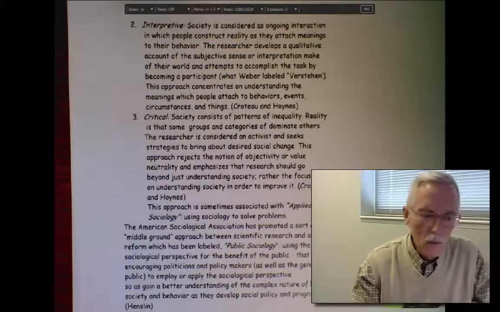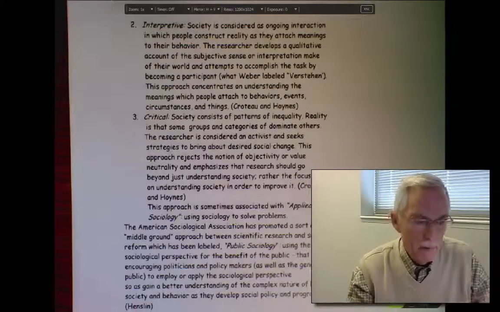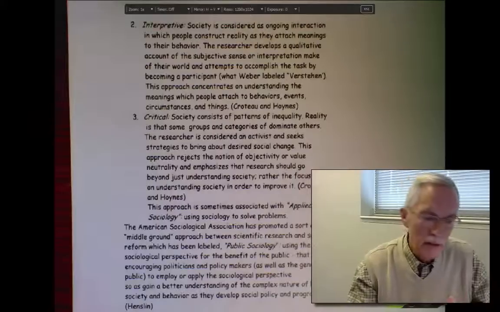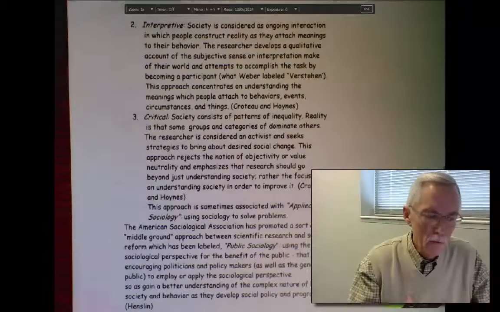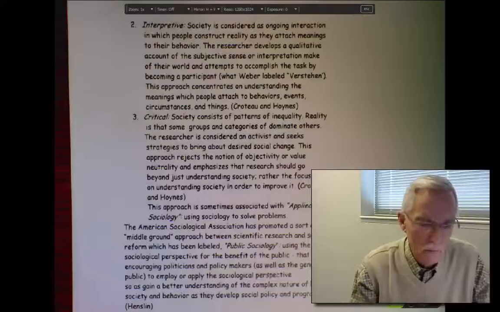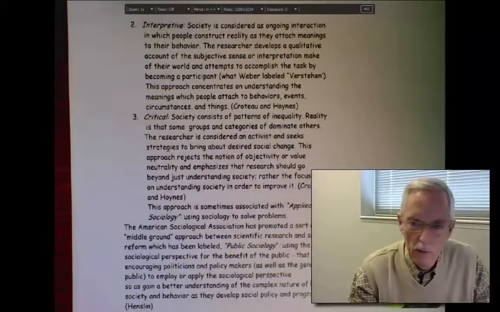So this is going to require the researcher to more or less go out and live among them. Attempt to understand events, circumstances, behaviors, etc. from the perspective of the subjects themselves. Another one of the early founders of sociology, Max Weber, labeled this as verstehen, to understand.